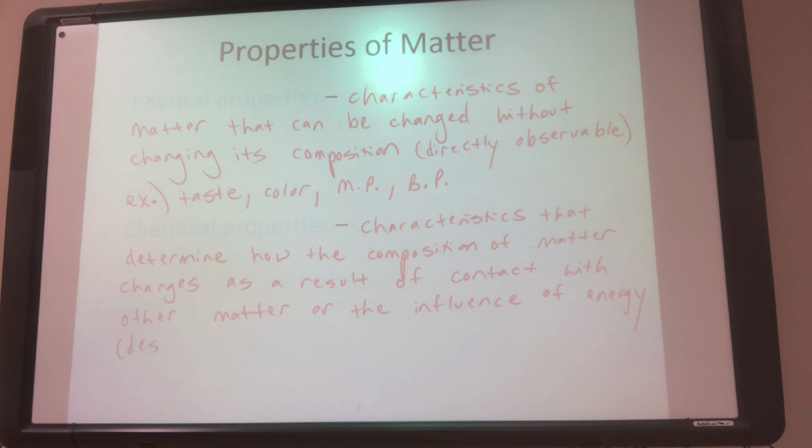So these describe the behavior of matter. So let's think about some examples. One example is if I were to take some compounds and put them near fire, they would catch on fire. And so that is flammability.